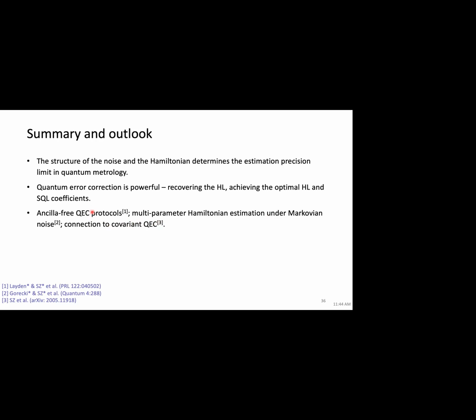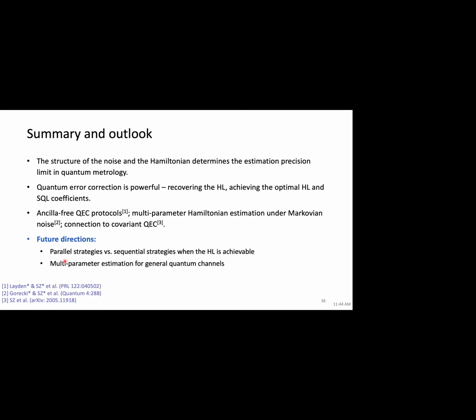And there are some future directions. One is that we don't actually know the power of parallel and sequential strategies when the Heisenberg limit is achievable, because we only know the optimal HL coefficient for the parallel strategy, but we don't know if the sequential strategy would have the same optimal coefficient.